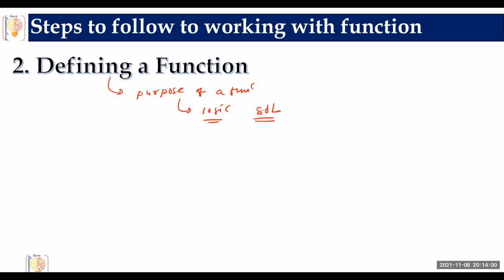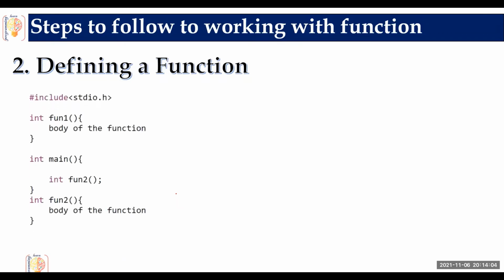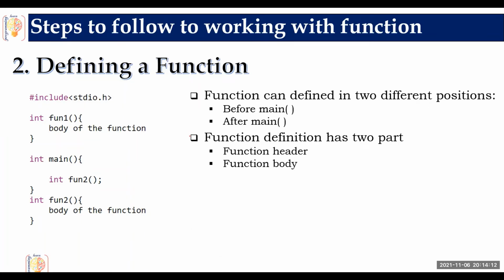So now let's see the process that we can follow for defining a function. Here you can see I have defined the function in two different locations. Look, fun1 is defined before main.